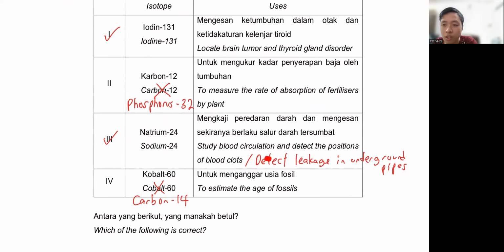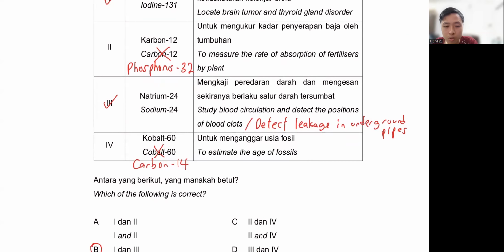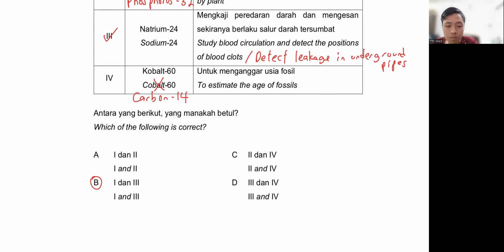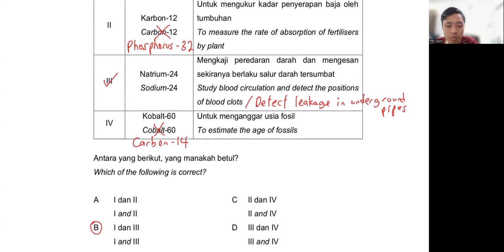Or normally the function in the textbook is detect leakage in underground pipes. The fourth one is wrong as well. Fourth one is to estimate the age of fossils. This one is actually carbon 14, not cobalt 60. Cobalt 60 is to kill cancer cells. So the answer is 1 and 3. B, for question 8.